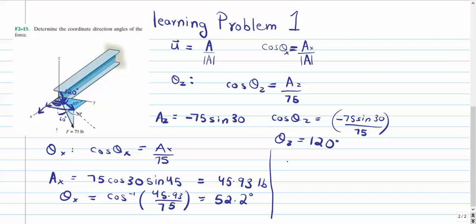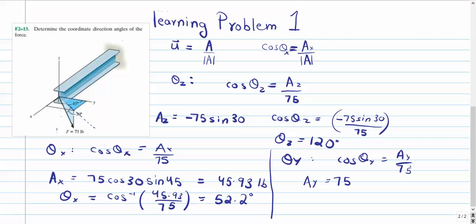Now repeating the same procedure for theta y, you get cos of theta y should be equal to AY divided by 75. First we find the component of this force along this line, and then we use this triangle to find the component along this line.